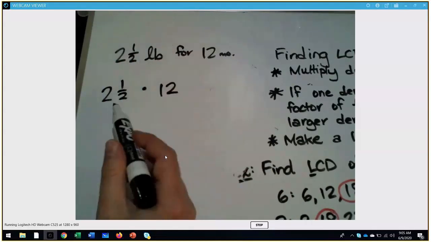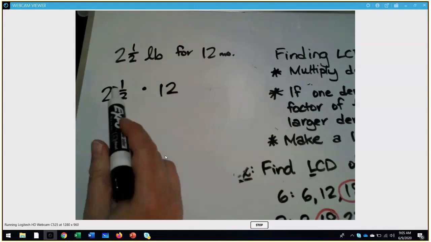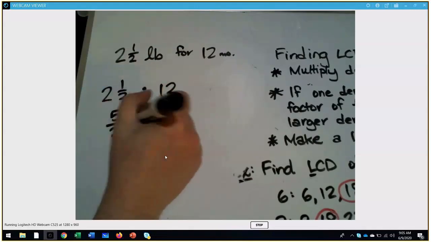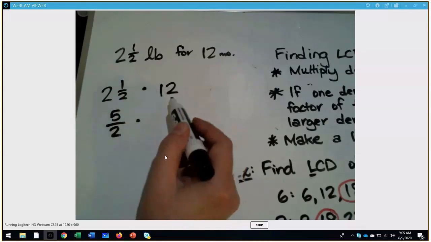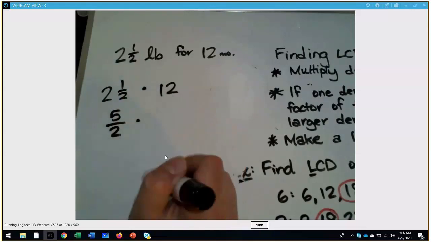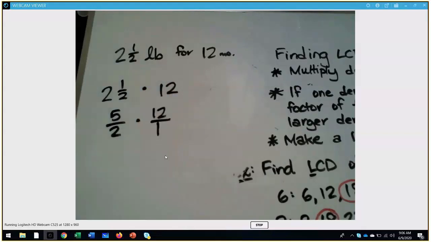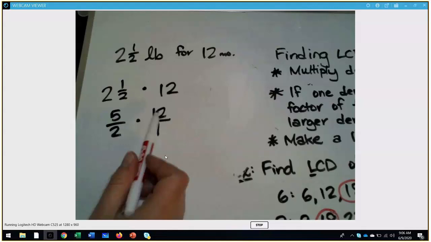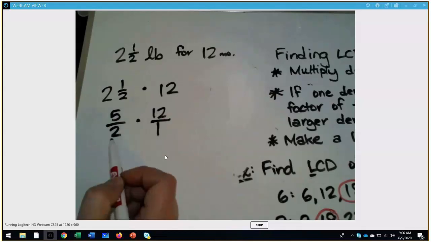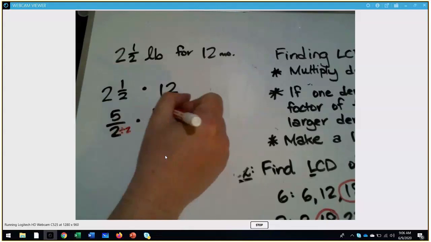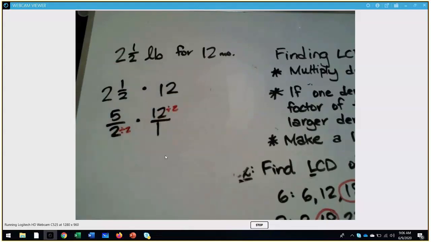Convert this one first. So this is going to be 5 over 2. And the 12 is a whole number, so it's going to be 12 over 1. Then I can cancel the 12 with the 2 since I'm multiplying. 12 divided by 2 is 6.